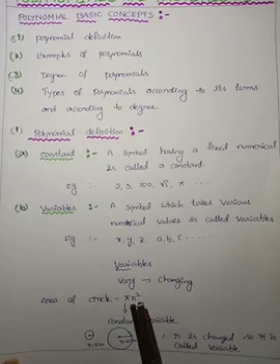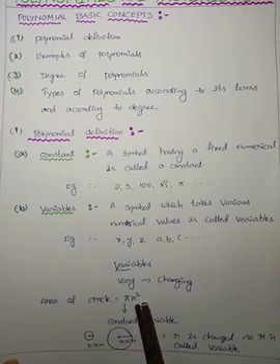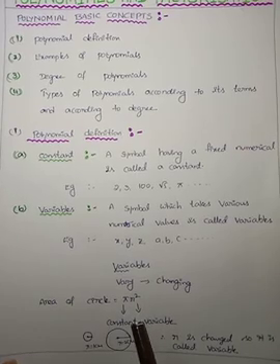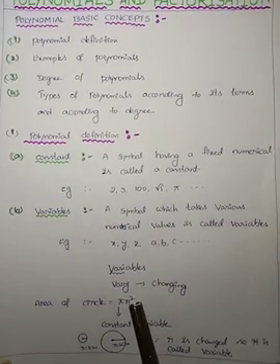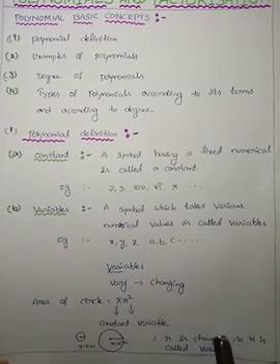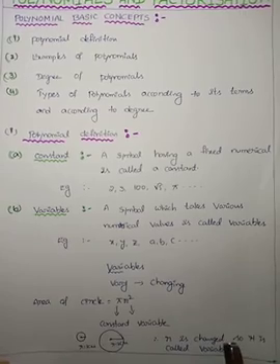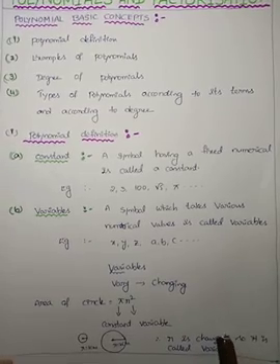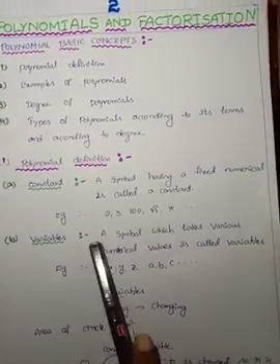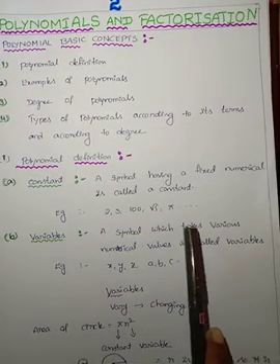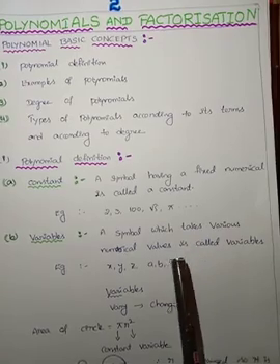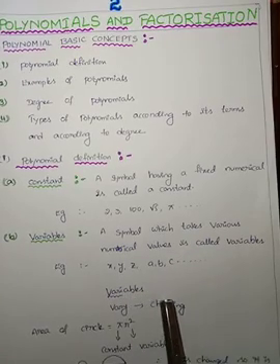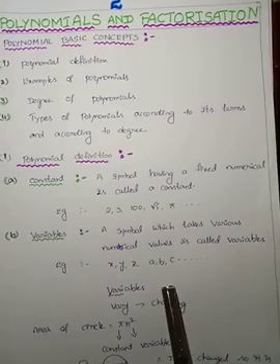So the value of r is changed. Whichever number we give to r, that number is taken by r. Since r is changed, it is called a variable. So a variable is a symbol which takes various numerical values, and it is always changing.